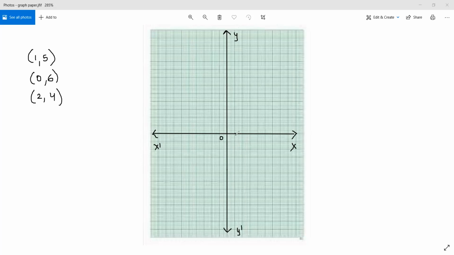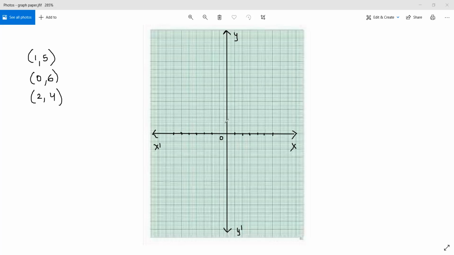By taking 1 box, that is 1 centimeter distance, we are going to mark the numbers as 1, 2, 3, 4, 5, and 6. This side also 1, 2, 3, 4, 5, and 6.